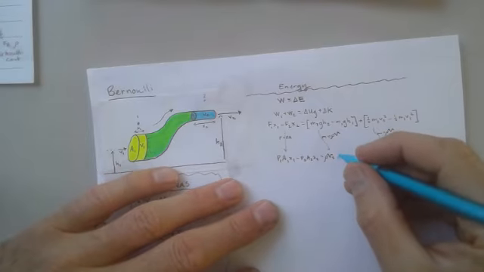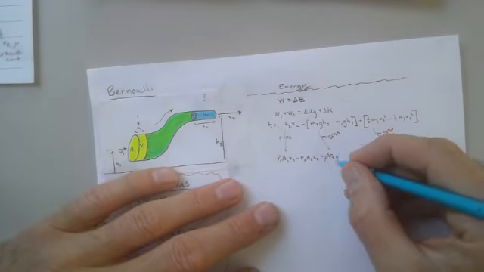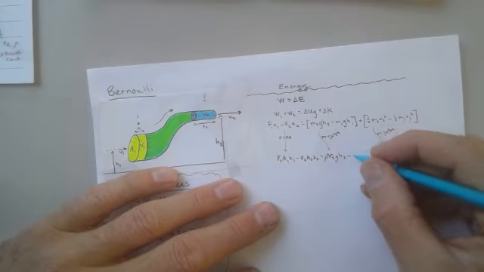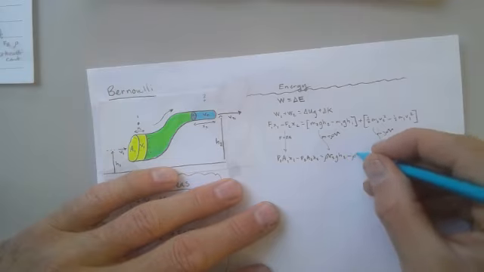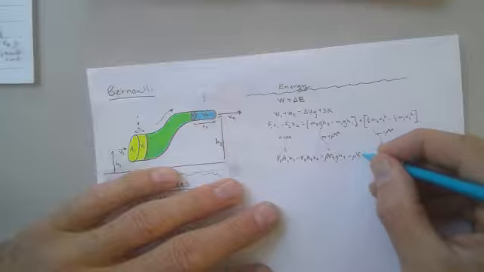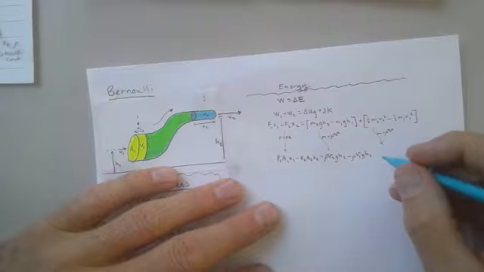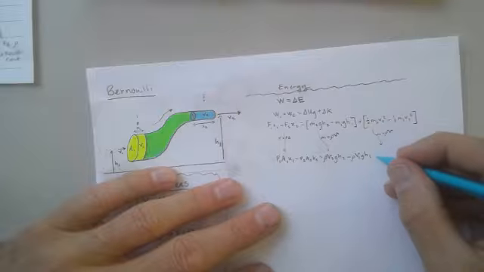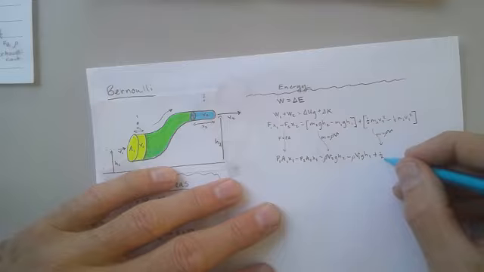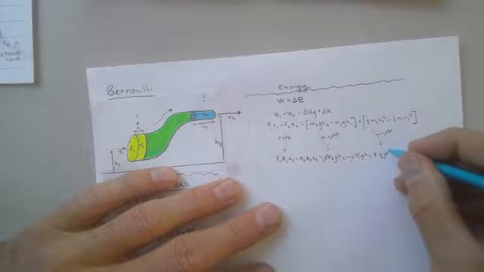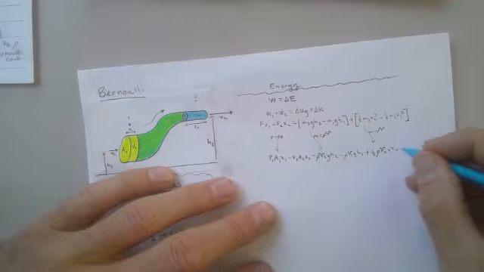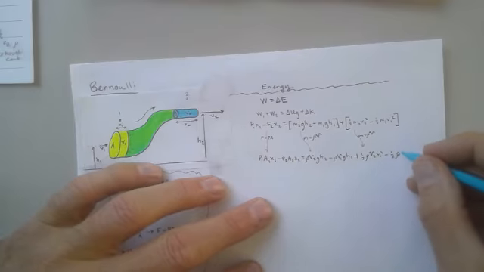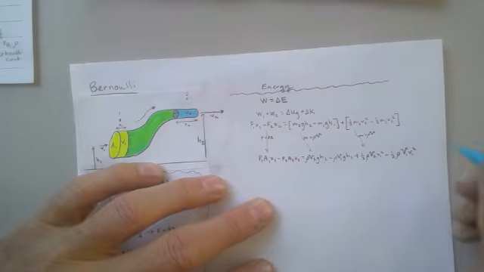I'm going to make them capital V's with this little fancy look there. Times g times h2 minus rho times V1 times g times h1, and then we're going to say plus 1/2 rho times V2 speed 2 squared minus 1/2 rho times V1 speed 1 squared.